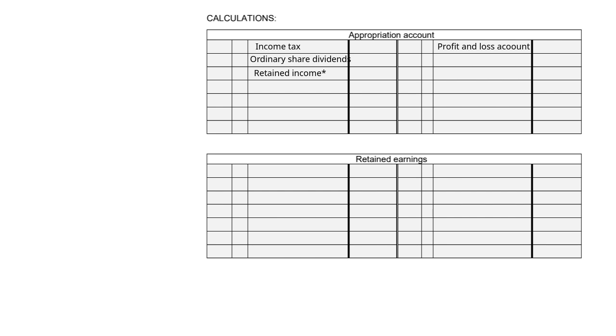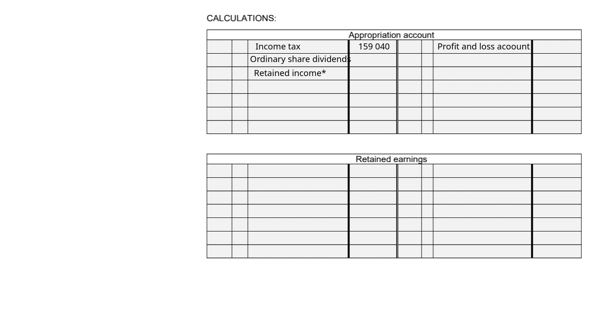The income tax was given as 159,040. Our ordinary share dividends: if we go back to additional information 4, the dividends owed on 28 February 2024 were paid on 4 April. An interim dividend of 28,000 rand was declared and fully paid.